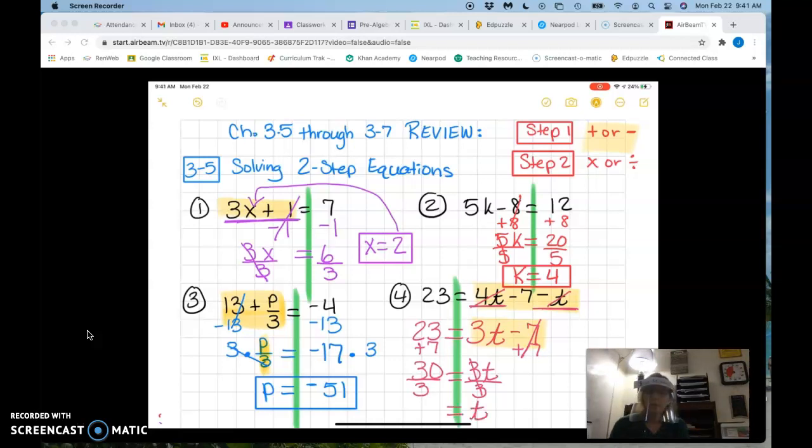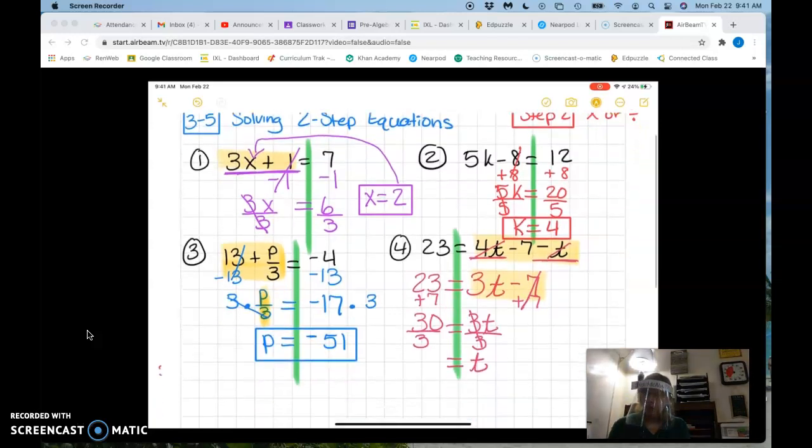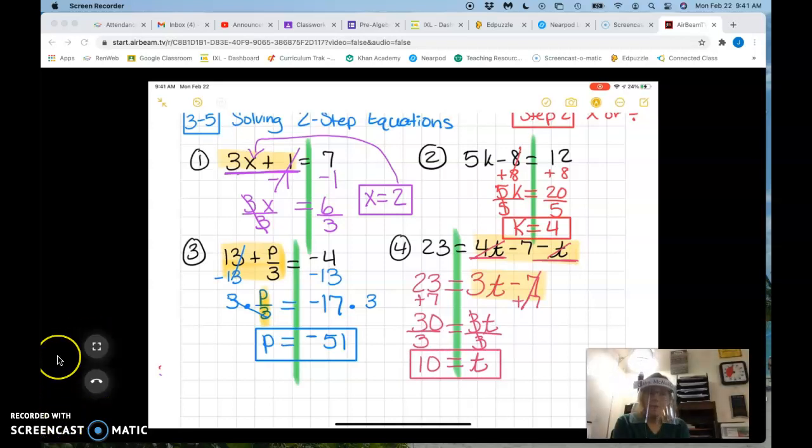And what is 30 divided by 3? 10. Yes, good. 10. So the answer to number 4 is 10. All right, copy those down and I'll be right back.